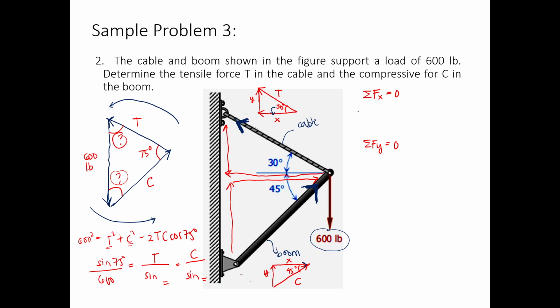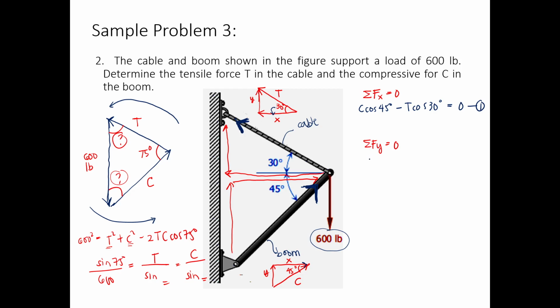So that will be c cosine 45 degrees minus t cosine 30 degrees equals 0. This is our first equation.